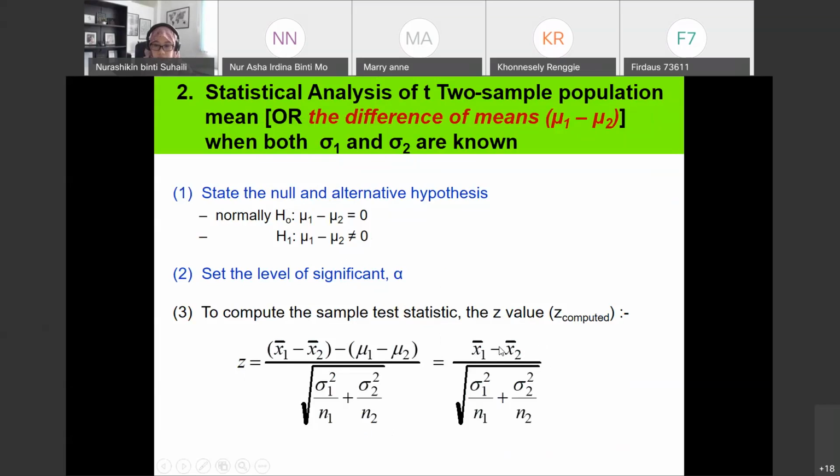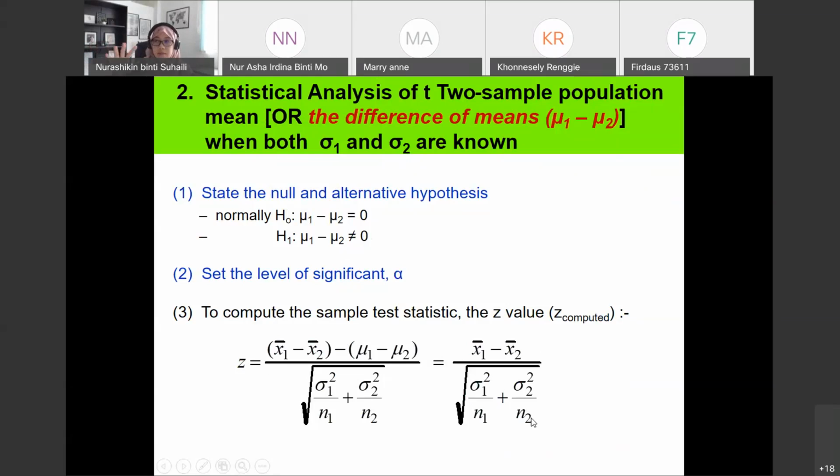x1 bar minus x2 bar. This refers to the average of sample 1, the average of sample 2, the standard deviation of sample 1, the standard deviation of sample 2, and n1 is the size of sample 1, and n2 is the size of sample 2. Sometimes the sample sizes might not be equal.